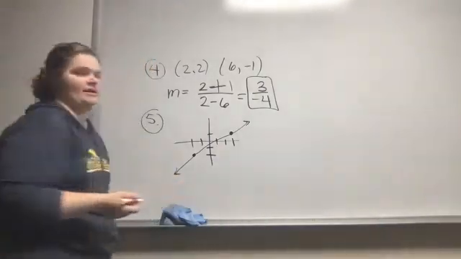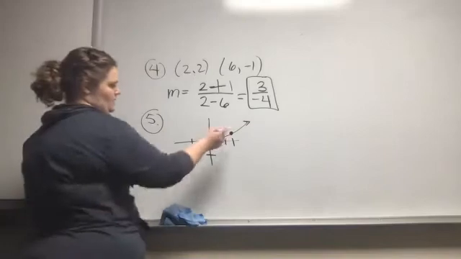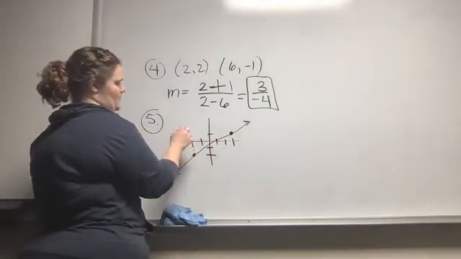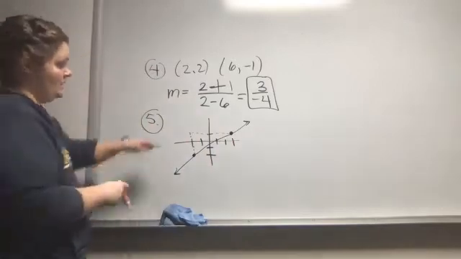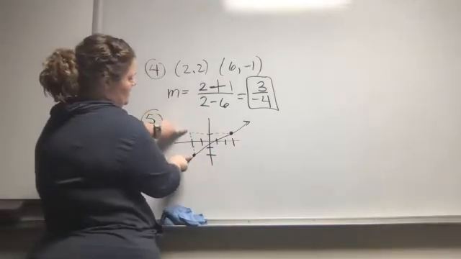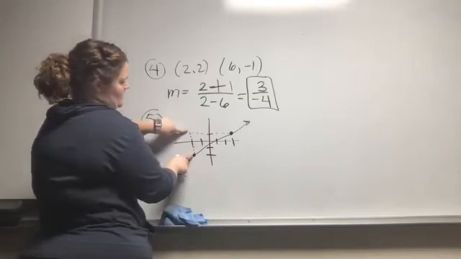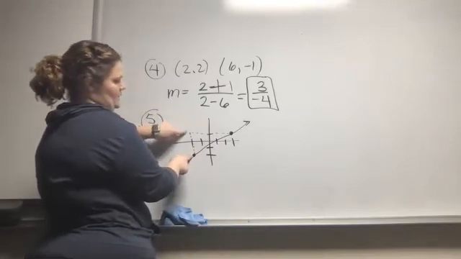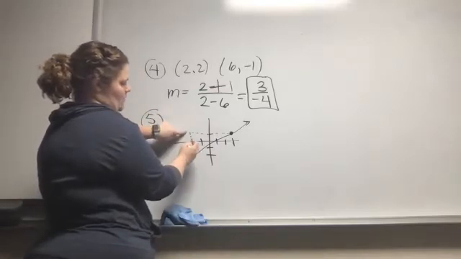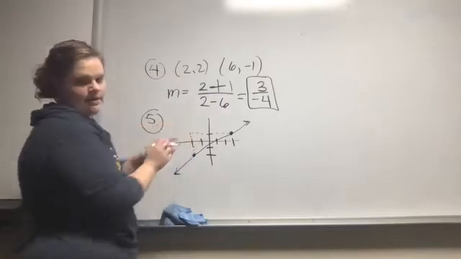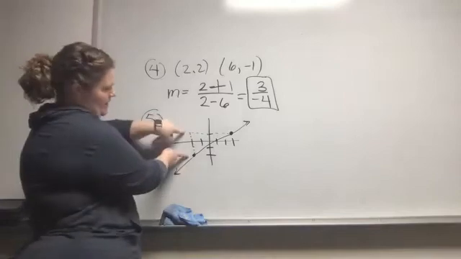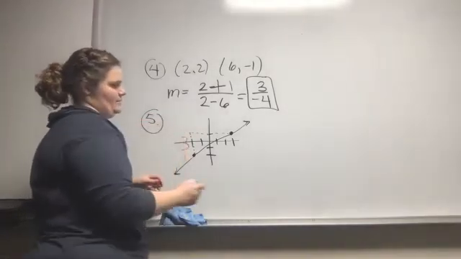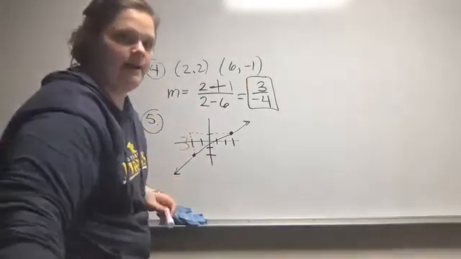We want to find the rise over the run. So remember, from one point to the other, let's see how many up and how many over we can go. How many boxes between this point and this point? So if we count, we got 1, 2, 3. Does everyone agree with me? Do you see that that rise right here is 3? So we're going to put 3 as our rise.